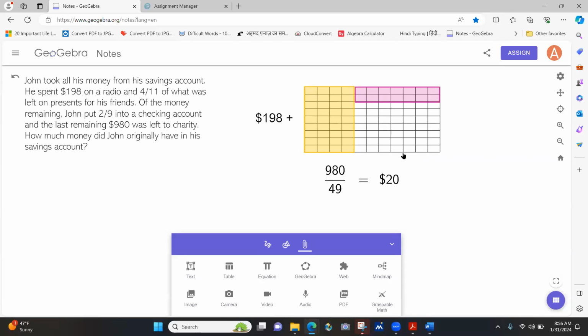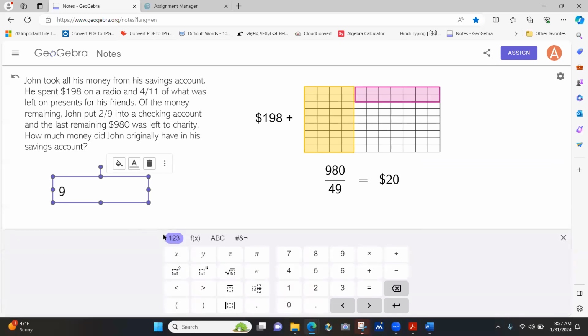Altogether, in this big rectangle, which was 9 by 11, this big rectangle had 9 times 11, or 99 little white rectangles. Each rectangle is worth $20. So 99 rectangles will be worth what? 99 times 20.